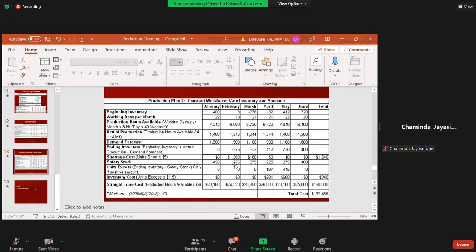Safety stock is 375. Excess inventory is 0, inventory cost is 0.